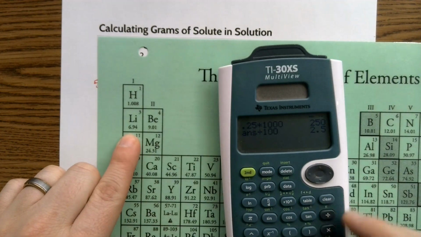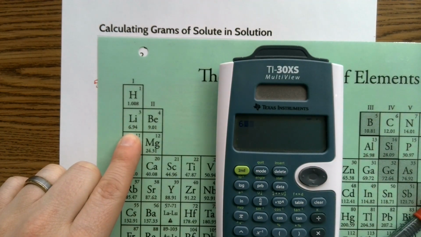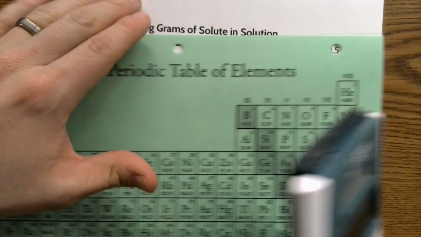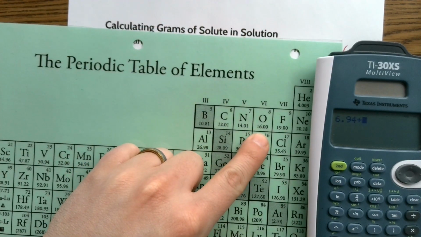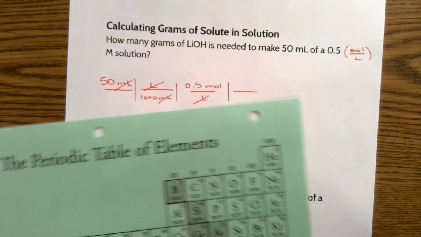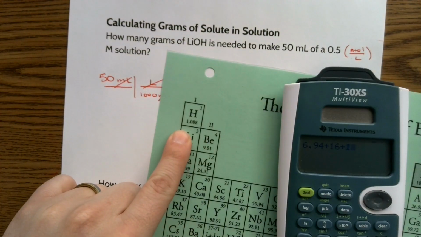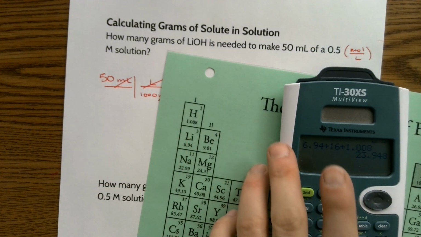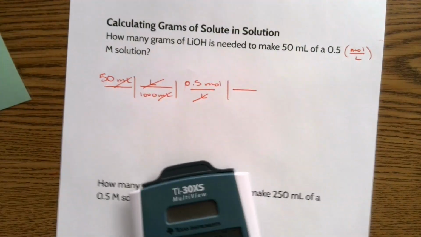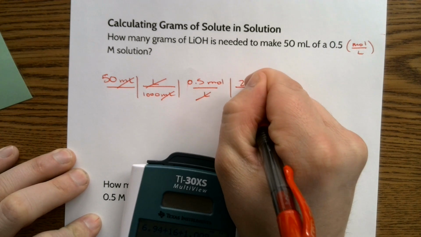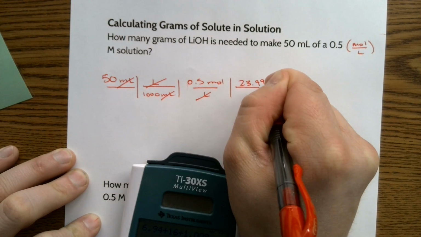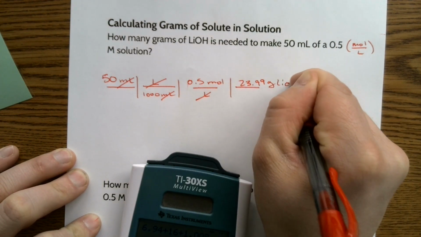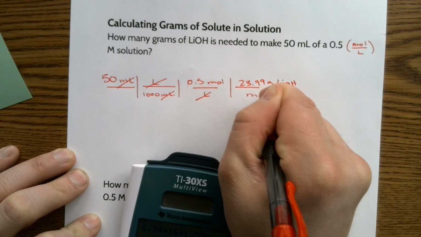I'm just going to punch it in as we go. Lithium is 6.94. I add that to oxygen, which is 16, plus hydrogen, which is 1.008. I add that together, I get 23.99. So this is 23.99 grams of LiOH per mole.